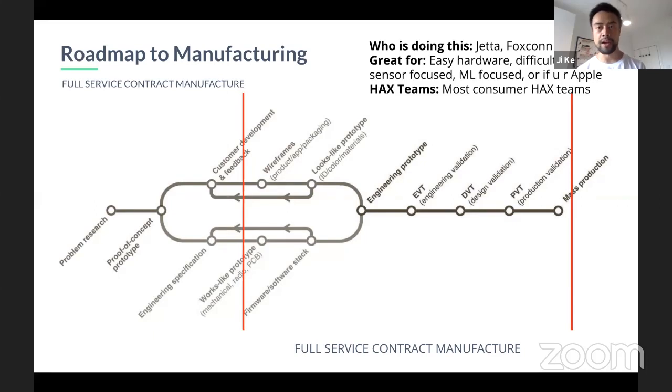So Foxconn, Flex, those large manufacturers, even though they do serve Apple, Samsung, etc., they do also serve smaller startups. It's not the same factory; it's a much smaller factory, but you're also able to benefit from that, right? And then it's great for easy hardware, difficult software companies, or if you are very well-funded startups, right?